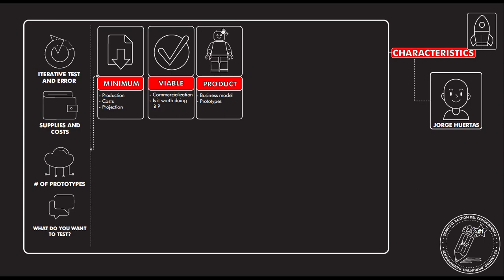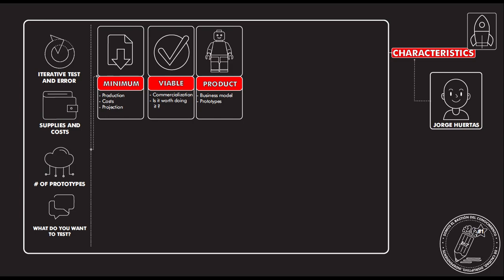Product, business model. You need to analyze your business model to see if everything is going all right, and also the prototypes, because you need to know all the supplies and the process. That is extremely important that you know all of that. If you don't know it, you are not gonna do it properly, and here you are gonna just be going through the motions, and we don't want that.